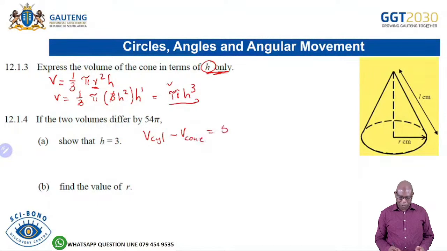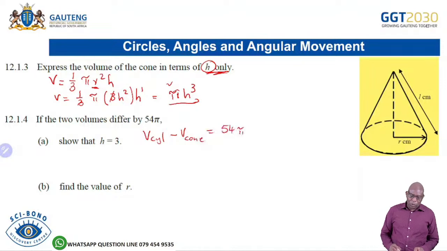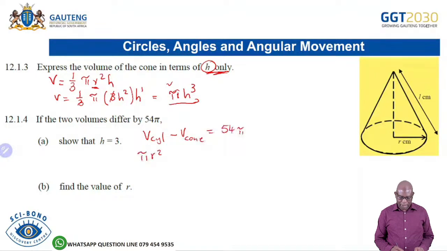It's 54 pi. Okay. So the volume of the cylinder, remember, if you go to the formula sheet, the volume of the cylinder is pi r squared H. The volume of the cone, we got it, is this one. We're going to use this one because we need H only, remember, because the answer must be H equals 3. So I'm going to say the volume of the cone is pi H cubed. This equals 54 pi.